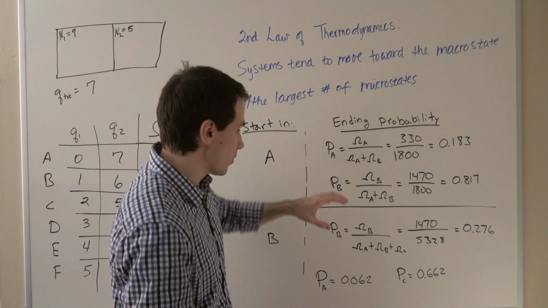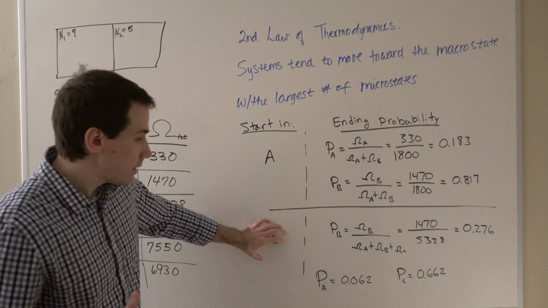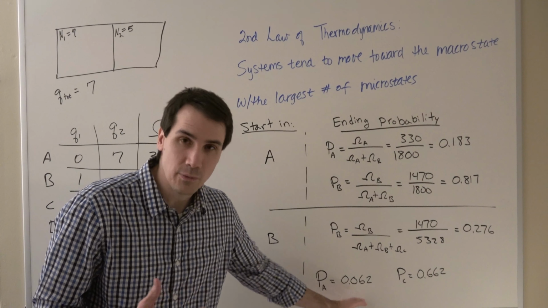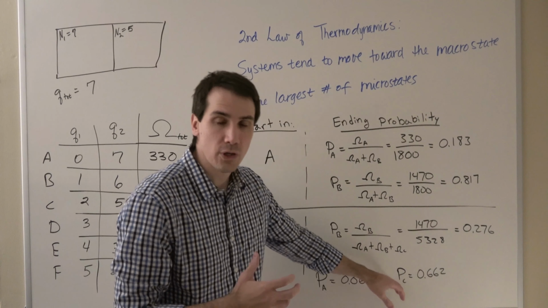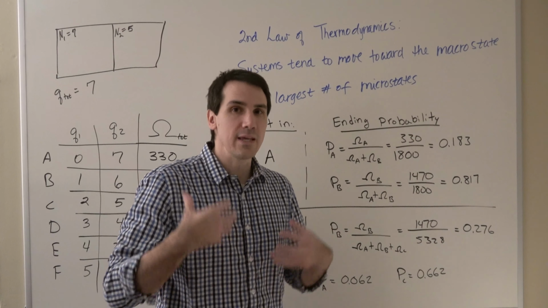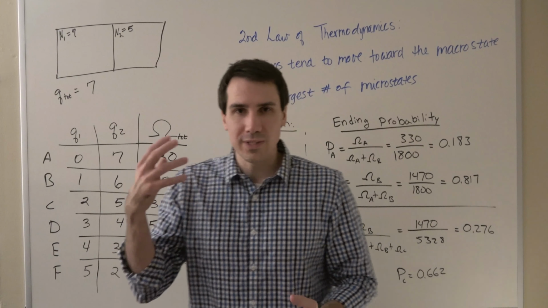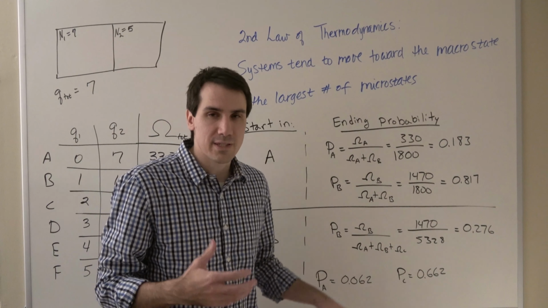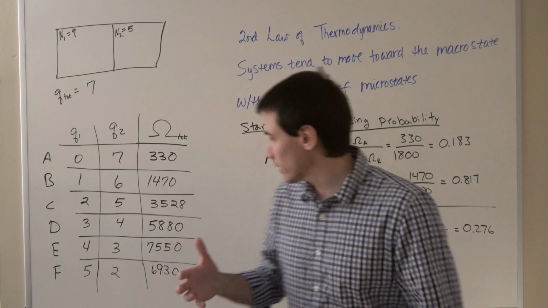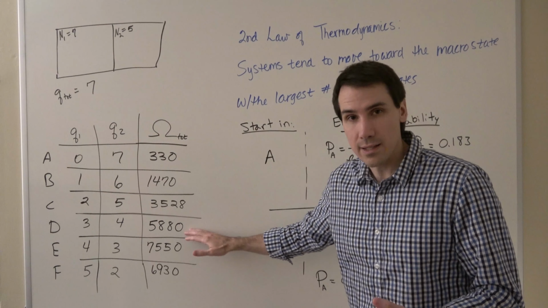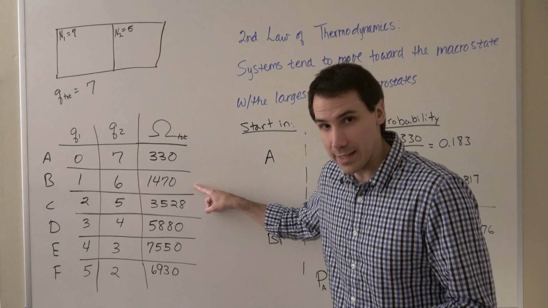And when we take that step, we're again likely to end up in state B. And then when we're in state B, it's very unlikely that we'll go back to state A, and much more likely that we'll go to state C, which has even more microstates. And we could continue this process for each of the steps along the way, right? Go from C, it would be more likely if we were in C that we would end up in D. Why? Because D has more microstates than B and C combined.